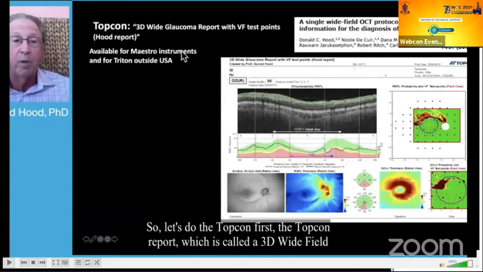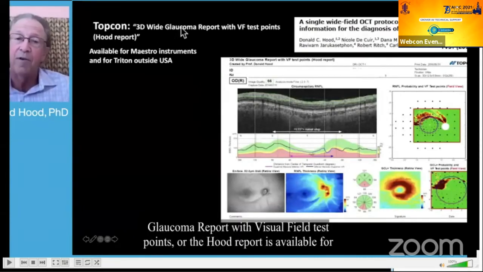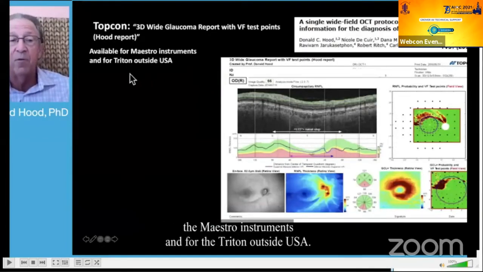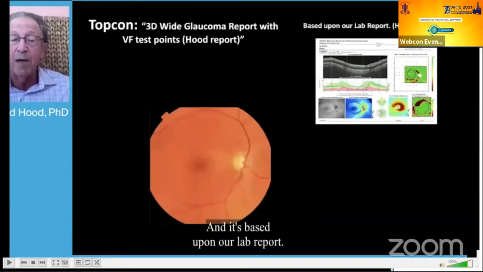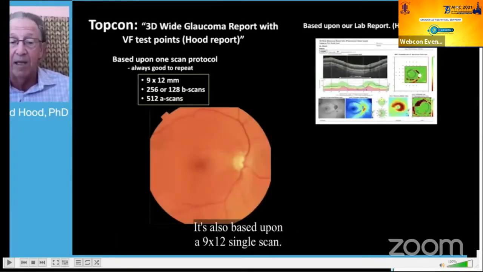The Topcon report, which is called a 3D wide field glaucoma report with visual field test points, or the hood report, is available for the Maestro instruments and for the Triton outside USA. And it's based upon our lab report. It's also based upon a 9x12 single scan.